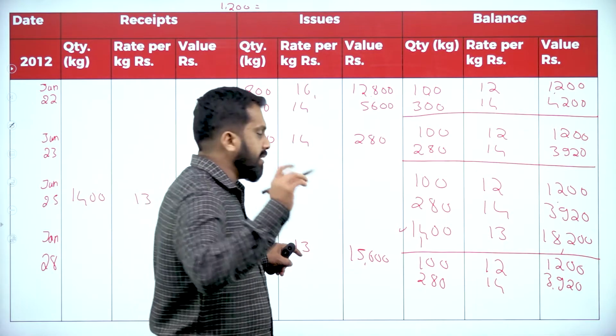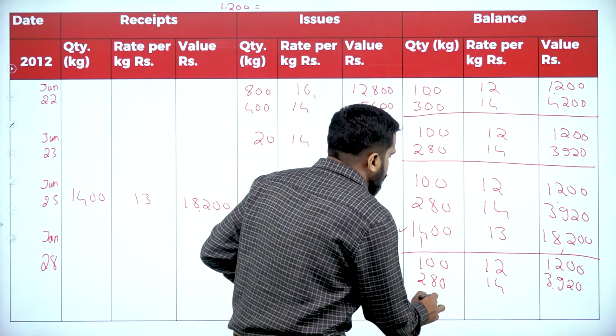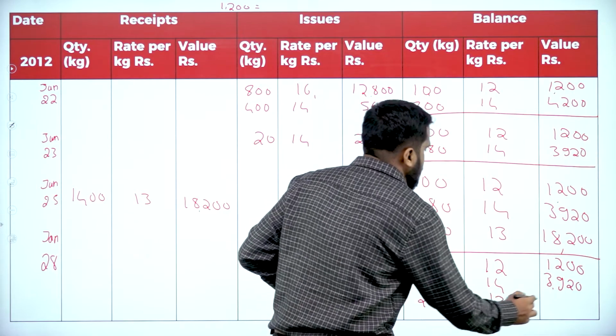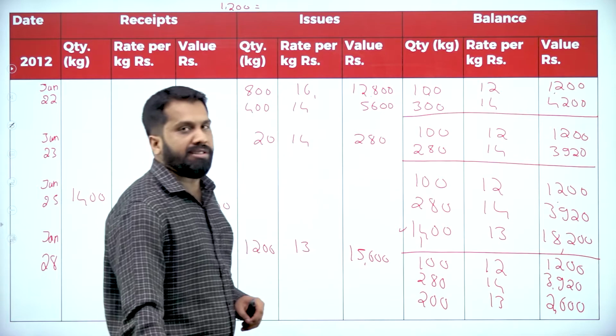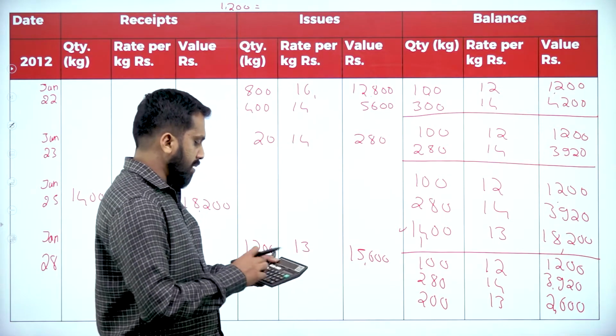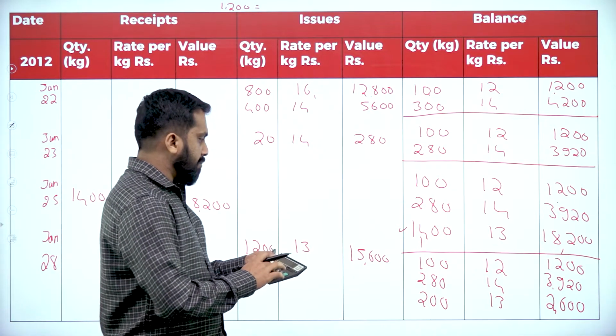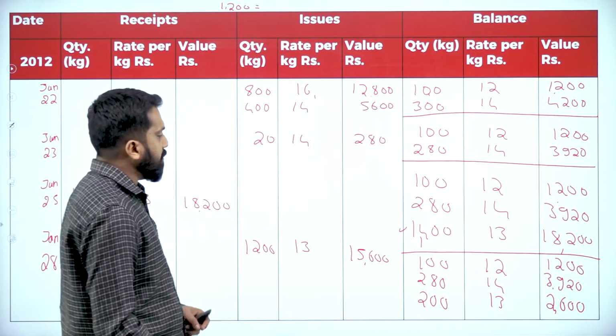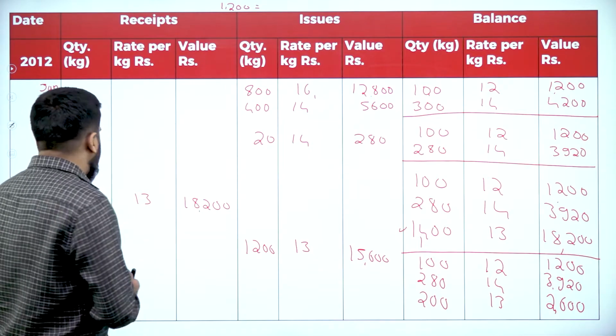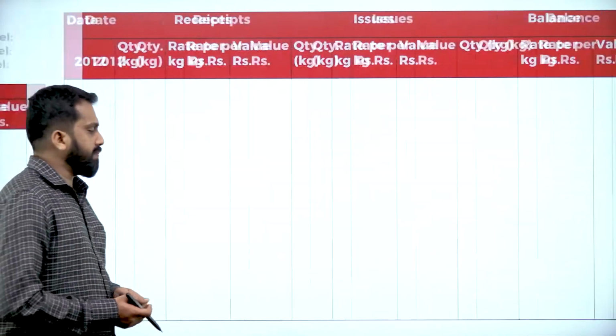What is the balance? The balance is 200 into 13. It will be 2,600. We'll cross check once. So 200 multiplied with 13, it is 2,600. Now, this is all about up to January 28th.